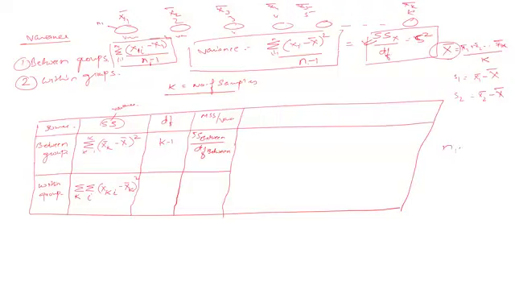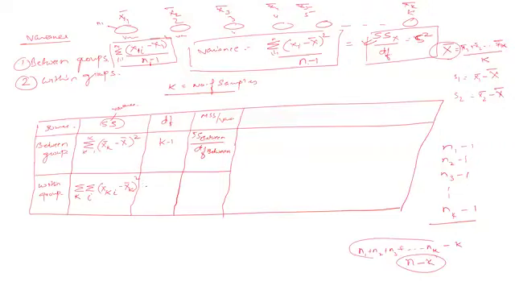Now degrees of freedom: I will take the sum of all the degrees of freedom, which would be n1 minus 1, n2 minus 1, n3 minus 1, and so on up to nk minus 1. If I take the sum of all these, what will it be? n1 plus n2 plus n3 till nk, plus the minus 1 added K times, so minus K. So n1 plus n2 plus n3 till nk, I can call it n, the sum of the sizes of all the samples.